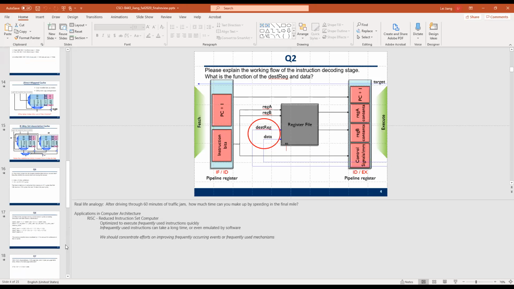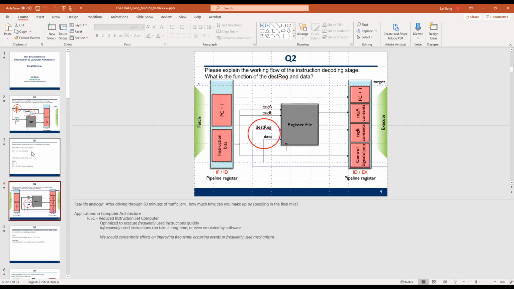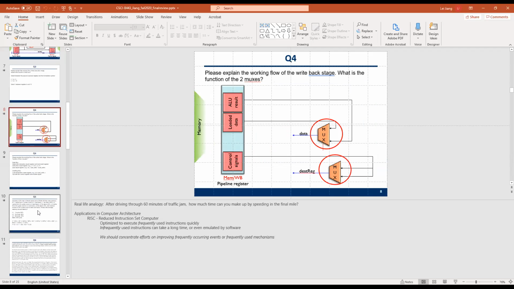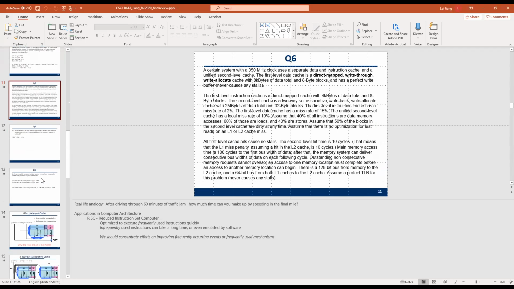The review of the questions: Question 1, question 2 are pipeline. 4 is also pipeline. This is pipeline. About cache, Q5 and Q6 are cache.